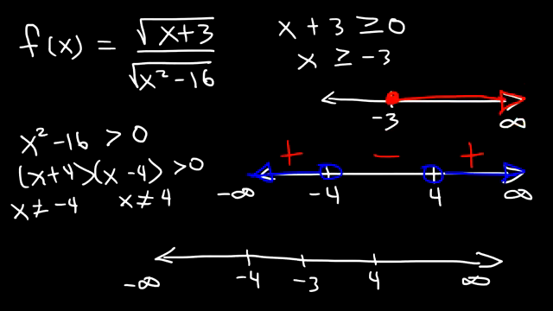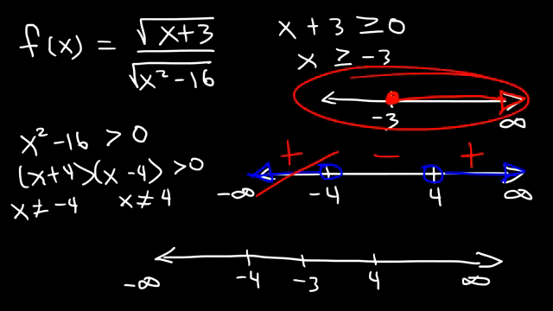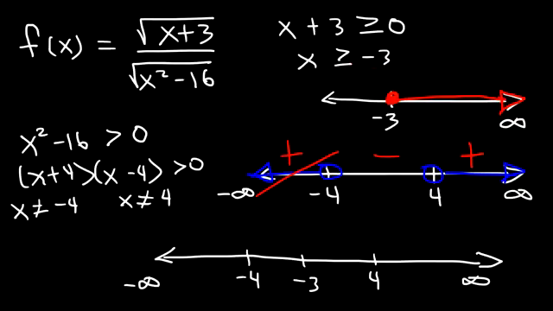So therefore, we should have nothing on the left side. This is going to be irrelevant because it's true for the second part, but it doesn't work for the first one. Now, we're not going to have anything between negative 3 and 4 because this is an empty region between negative 3 and 4. Even though it works for this one, it doesn't work for the second one.